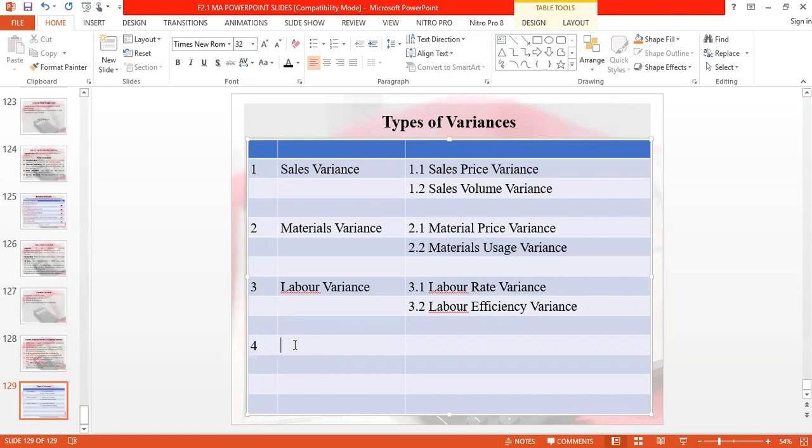Number four, we have what is called variable overheads variance.